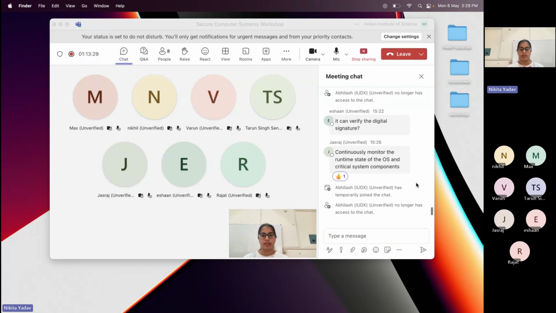There are these two other secure hardware, SGX and TrustZone, which have this capability that you can run your computations inside a secure hardware.